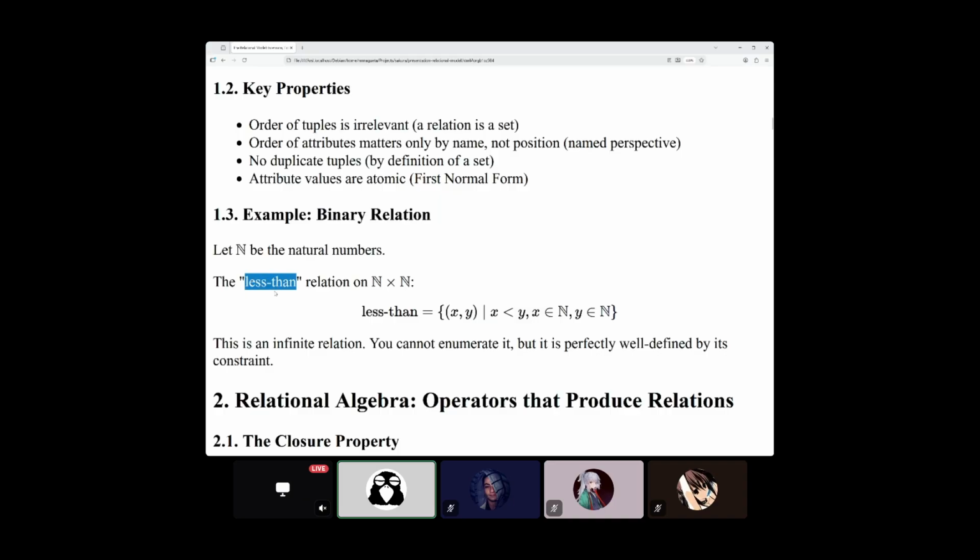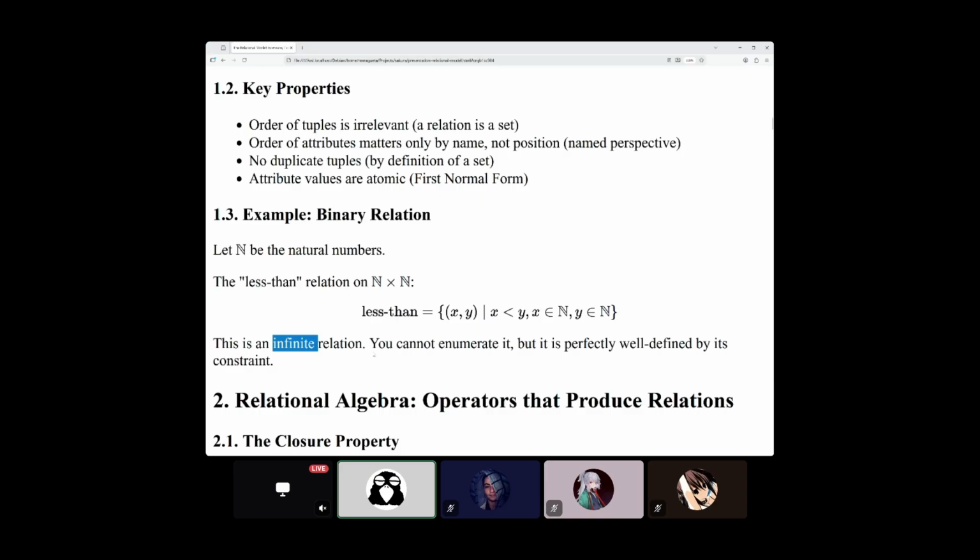If we define the less than relation atop of a Cartesian product of naturals, we're going to have pairs, like the tuple (x, y), where x needs to be less than y, where both are naturals. So this is an infinite relation. I'm using this as cardinality; in reality, this would be aleph-null, but consider just infinite for now.